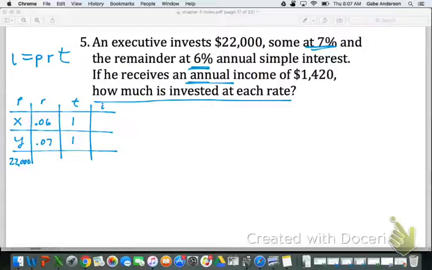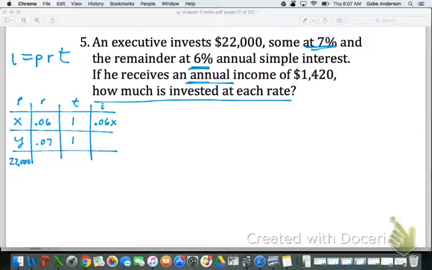Now the middle two columns, I don't think so much we can do there. To finish this up, we need to remember the formula is I equals P times R times T. So how about the interest in the top row? Wouldn't it just be X times 0.06 times 1? So I'm going to write that as 0.06x.